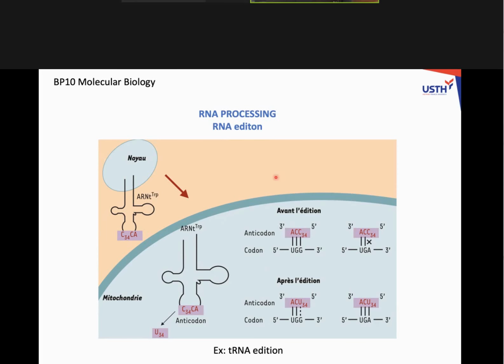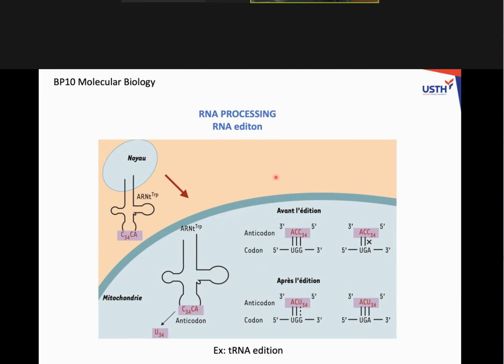It means that, so you see the world of RNA is very complicated because after transcription, there are so many processes at the RNA level. You have the cap, you have the polyadenylation tail, you've got the splicing. In the splicing, you have alternative splicing.